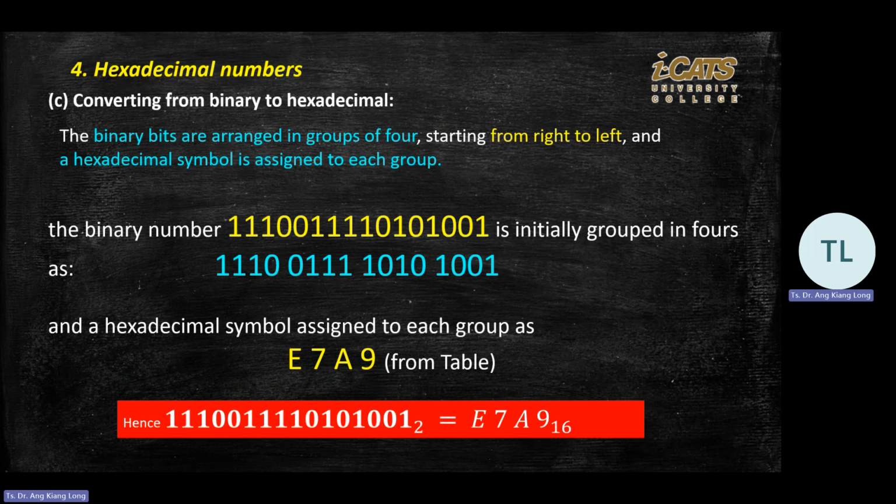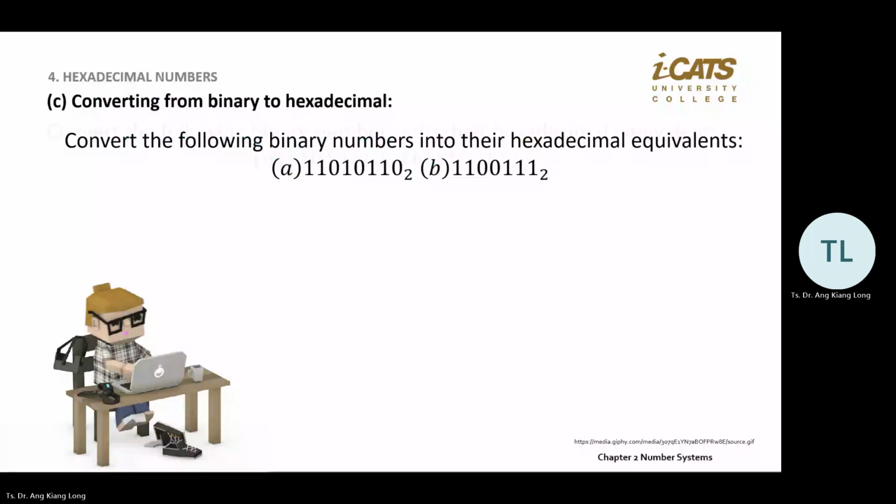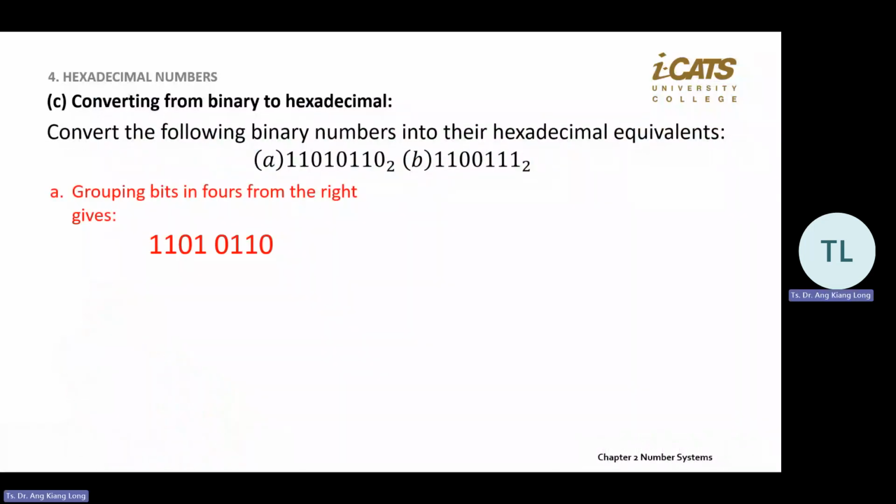Then for decimal, no choice, you have to divide or multiply. Yeah, so just a quick one, you should be able to find this number, right? 1101 is what in the table? 1101 is D. 0110 is 6.